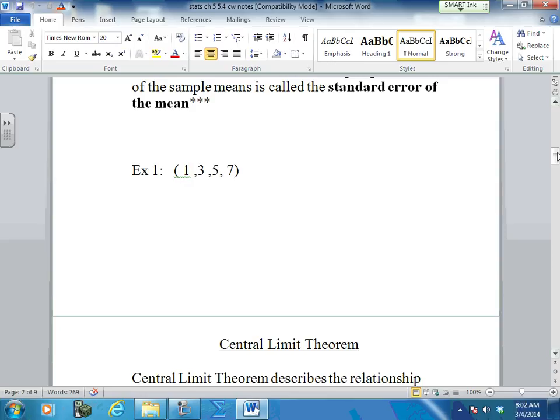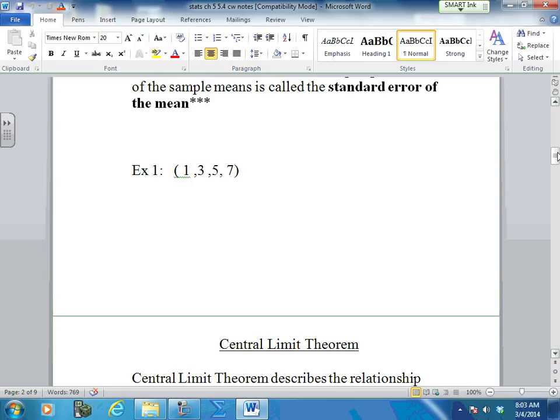You list all your possible samples of size equal to 2, because you're only picking 2. Then you calculate the mean of each one. These means form your sampling distribution of sample means. You're going to find the mean, the variance, and the standard deviation of your sample means. And you're going to compare it to the mean of the population and the standard deviation.